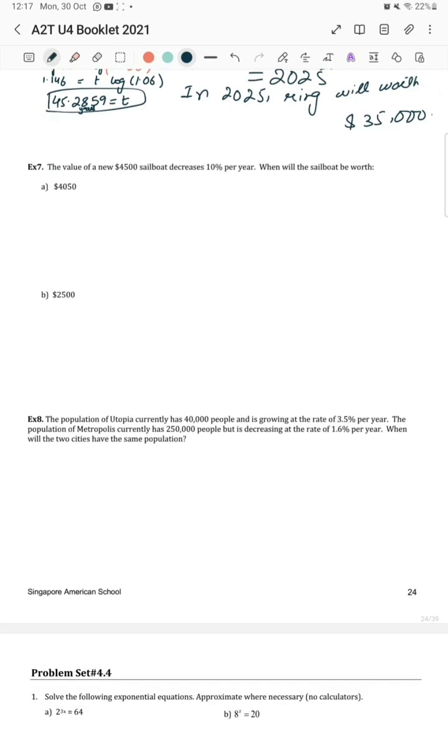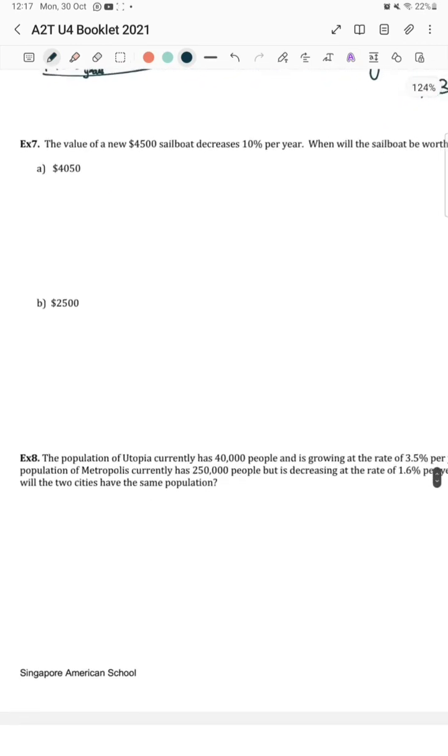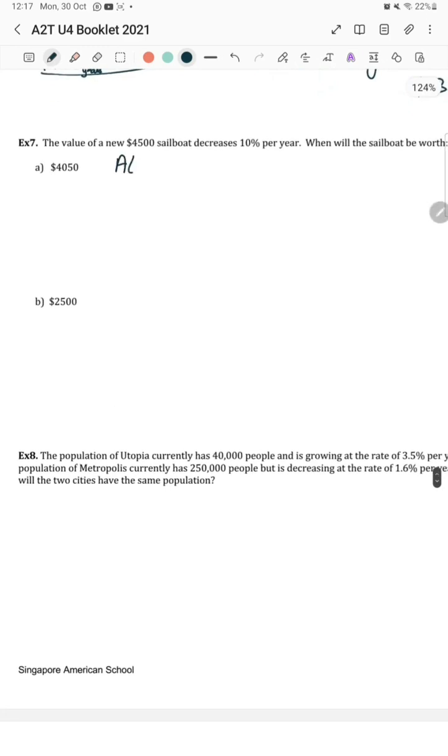The value of a new 4500 sailboat decreases 10% per year. So here it is the case where it's decreasing. What will the sailboat be worth? So it's A of t is equal to P times (1 minus r) to the power t.